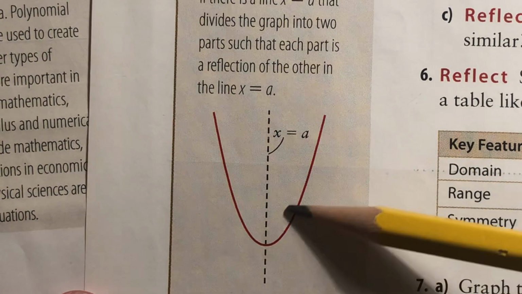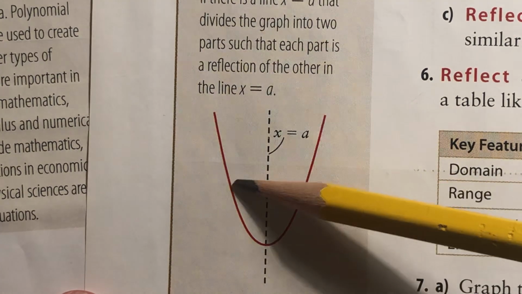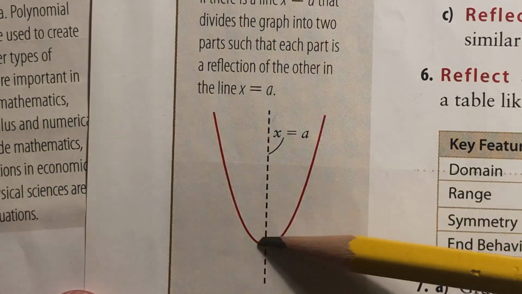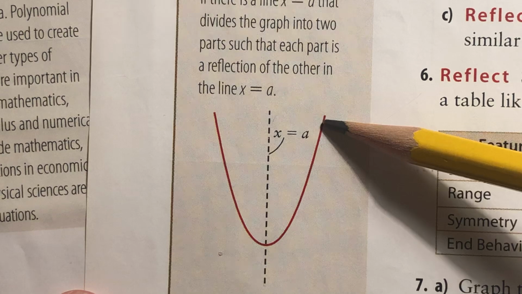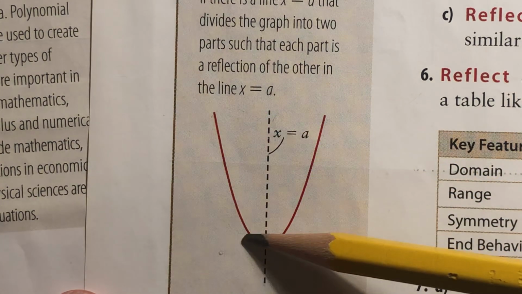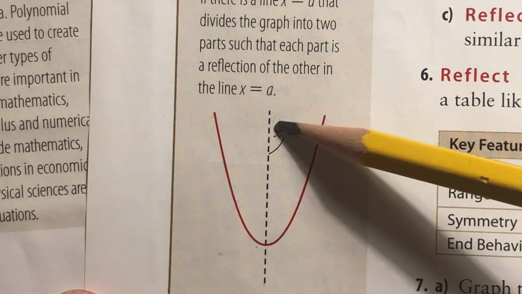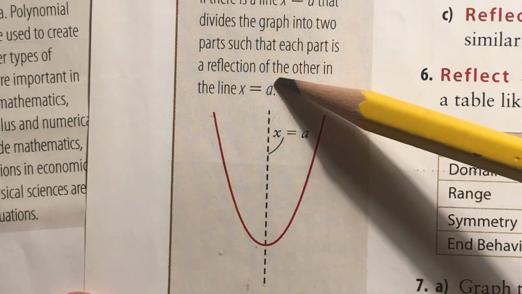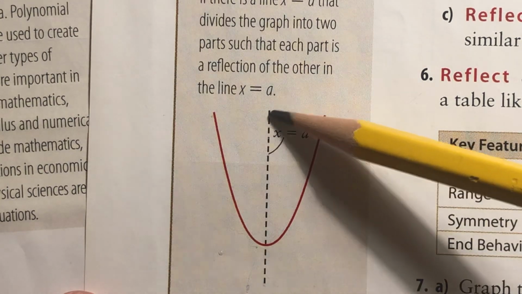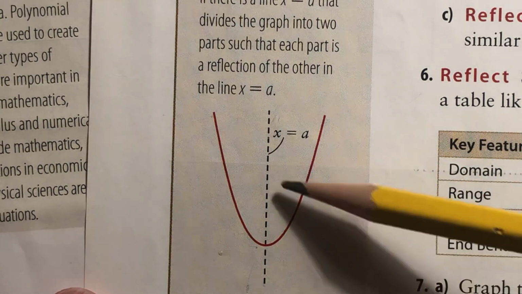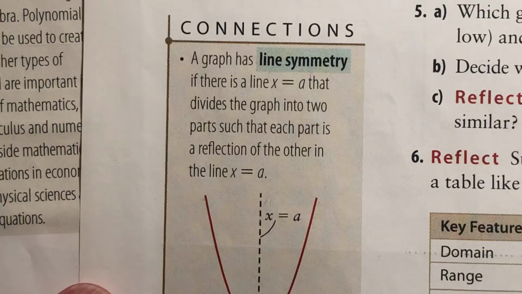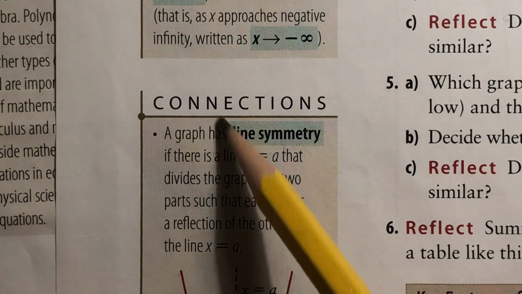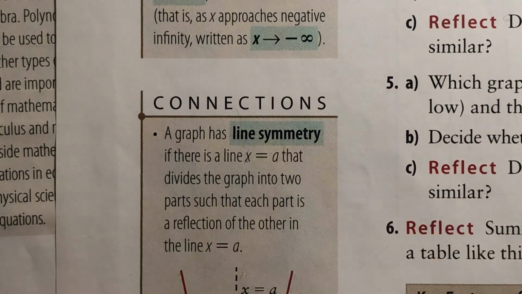This graph is symmetrical with respect to the dotted line, which means this half and this half are mirror images. So this line is the line of symmetry. So the graph has line symmetry.